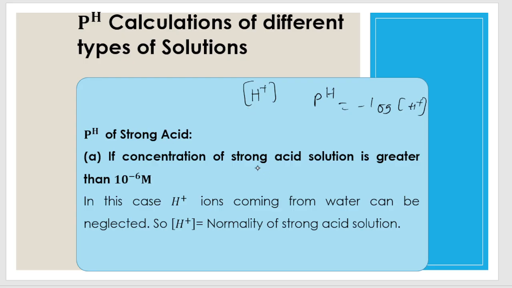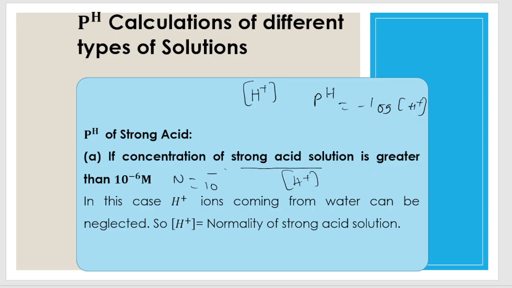Now, for a strong acid solution, if the acid concentration is greater than 10 power minus 6, that means let us say the normality is not 10 power minus 6 but greater than 10 power minus 6. So let me take 5 now.